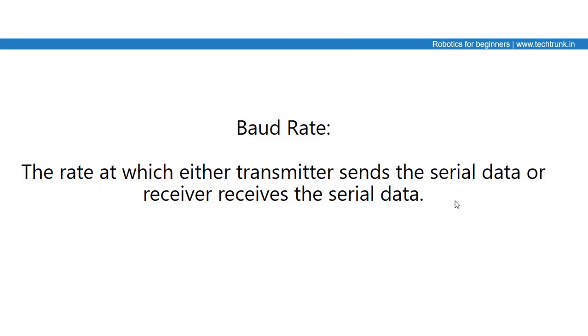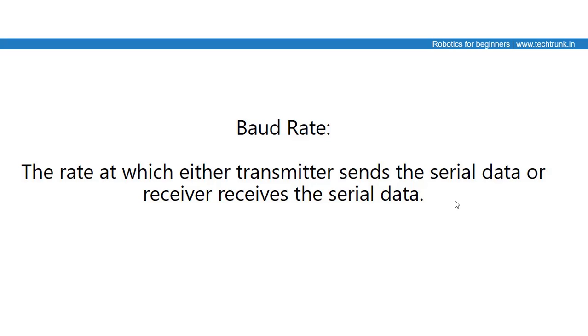If the rate at which the transmitter is sending the serial data is the same as the rate at which the receiver is receiving it, then the data bit sent by the transmitter will be understood easily by the receiver, and if the baud rates are the same, the communication will be reliable and proper. If the baud rate differs, the communication may have some errors.